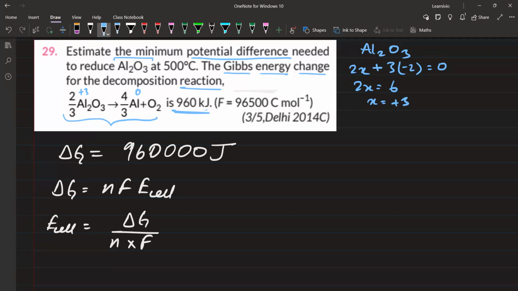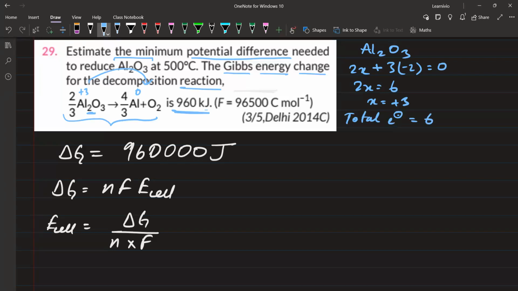Please pay attention here. All of these things are balanced. Check once, everything is balanced. Now pay attention to one more thing. One aluminium is undergoing a change of +3, which means 3 electrons are required. Here we have 2 aluminium, so total electrons will be equal to 6.